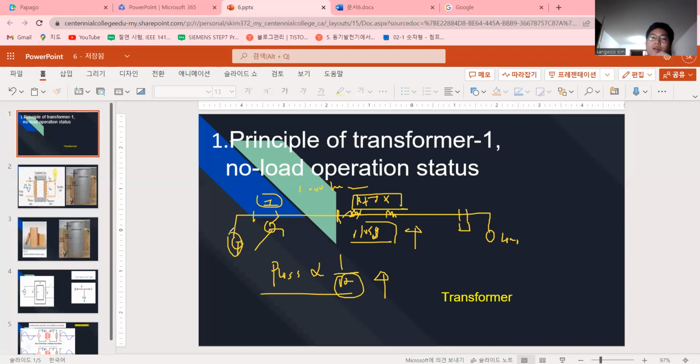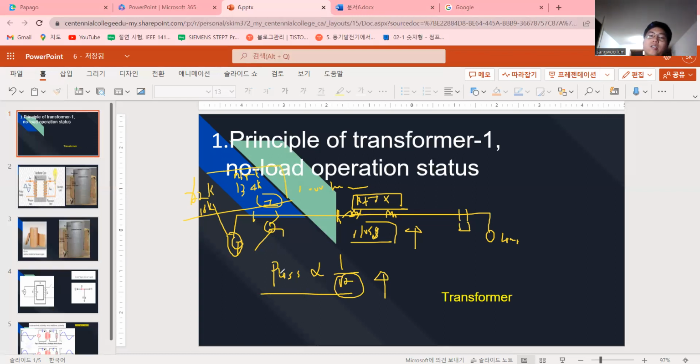So for example, it generates 22kV or so, and it is increased to 154kV, or more, like 765kV, more specific numbers. We will learn more about it, so don't worry.